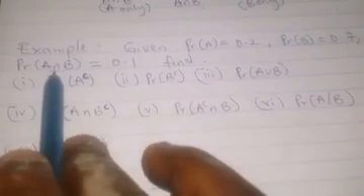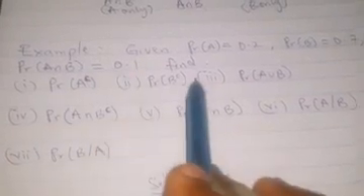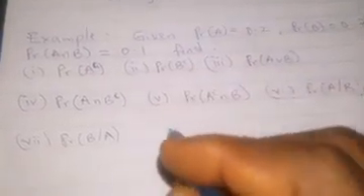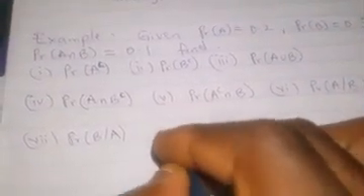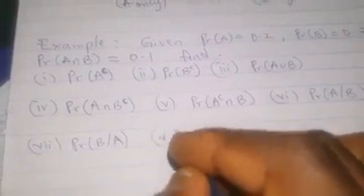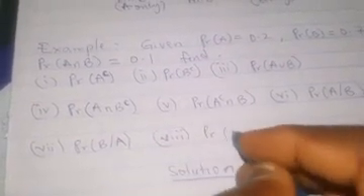Okay, now let's see some questions here. We are asked, given probability of A to be 0.2, probability of B is 0.7, probability of A intersection B is 0.1, we are asked to find, permit me to add to this question, let's also find probability of A complement intersection B complement.